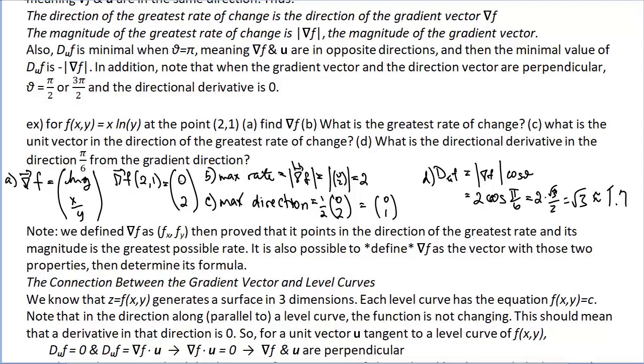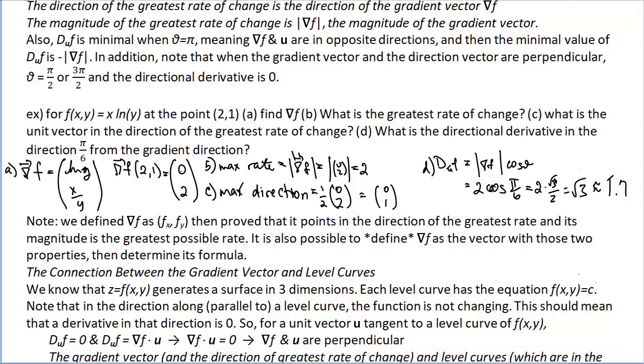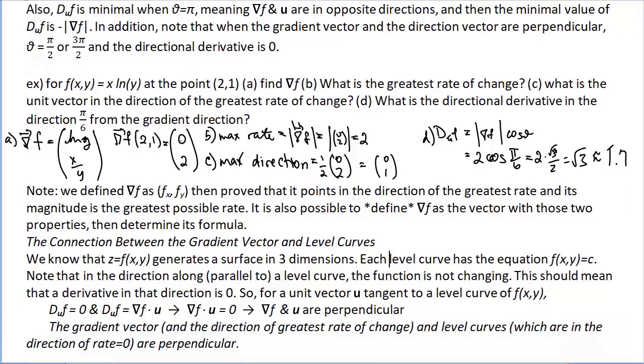So this tells us that when u is tangent to the level curve, then it's going to be perpendicular to the gradient of f. So the gradient vector, which points in the direction of the greatest rate, and level curves, which point in the direction of rate equals 0, if you like, are perpendicular. So now let's apply this to a problem.